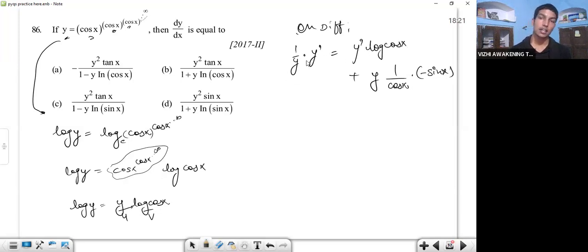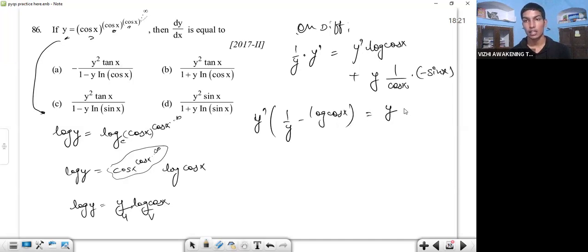So let's combine and write y dash terms on the left hand side. So taking y dash common, 1 by y minus logarithm cos x is equal to y into minus tan x, because sin x upon cos x is tan x.